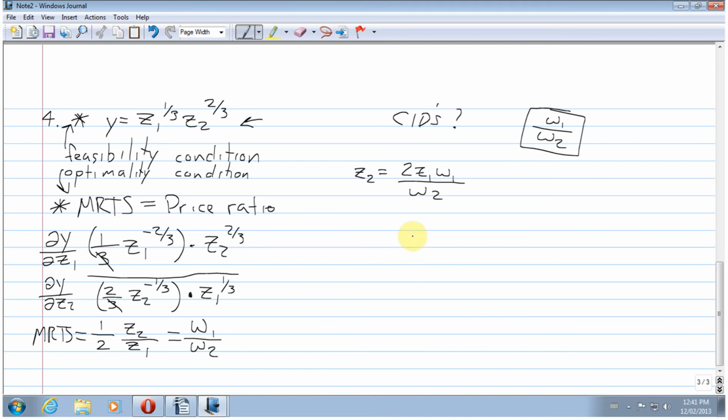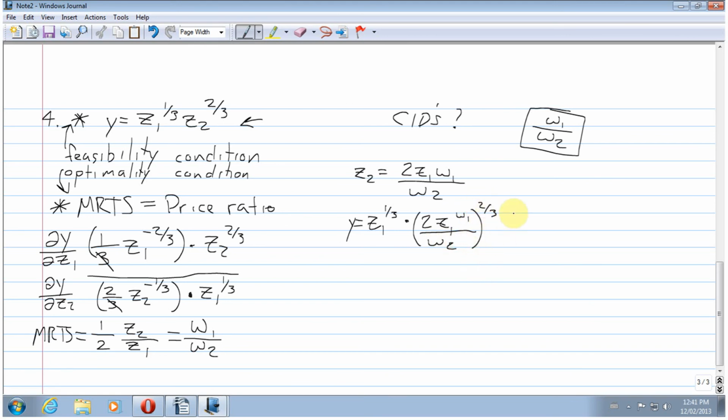Remember, this is deciding my optimal amount of z2 and z1, right? But we also have the feasibility condition. So y equals z1 to the 1/3 times, and instead of z2, I'm going to plug in this solution for z2, because z2 equals 2z1 w1 over w2 to the power 2/3.